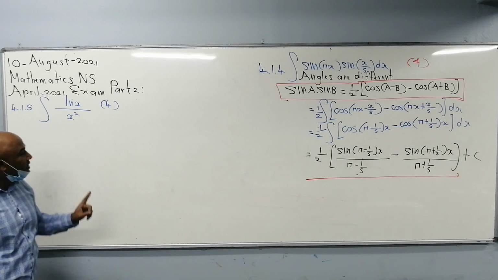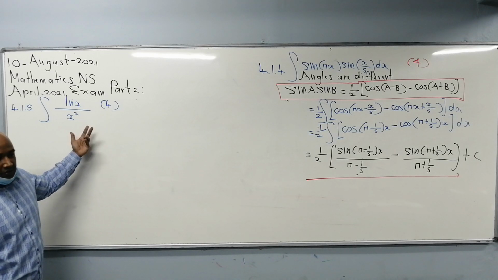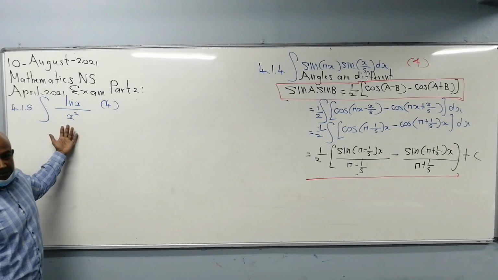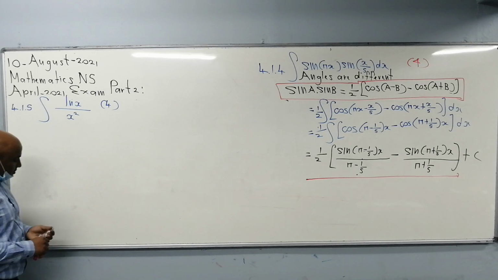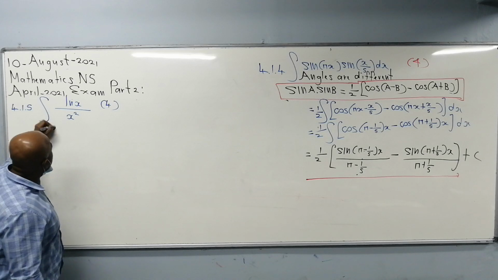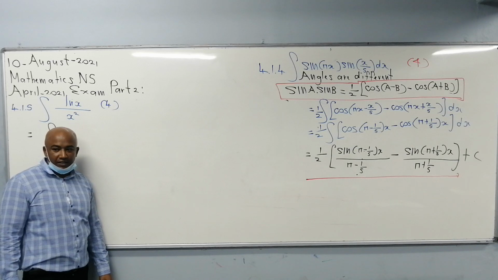First thing you always check for is, can I use U-substitution? Or trig substitution. Will trig substitution work? No. Right, so what do we do here? You've got ln x divided by x squared.